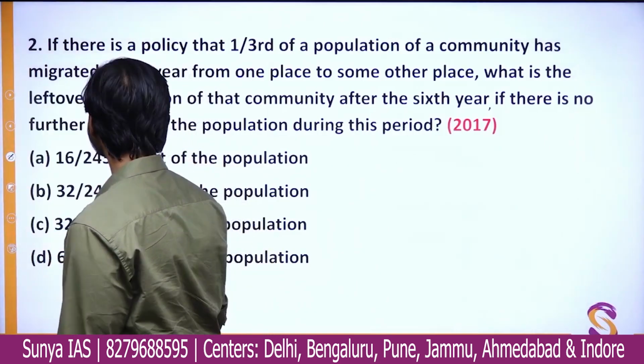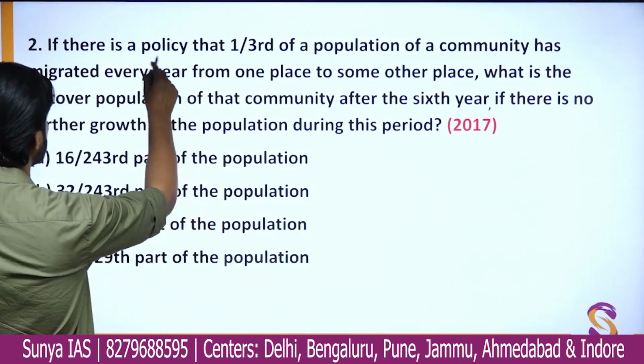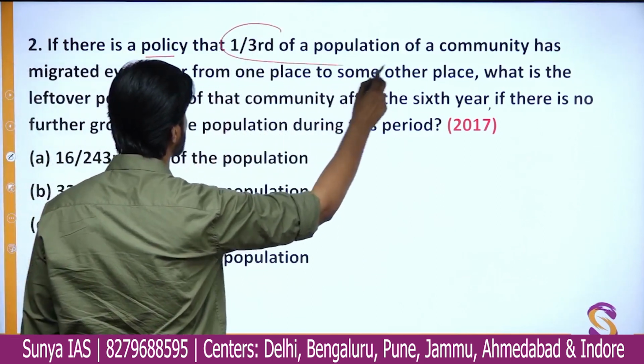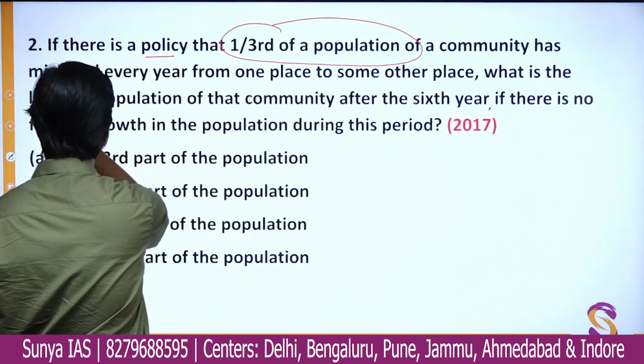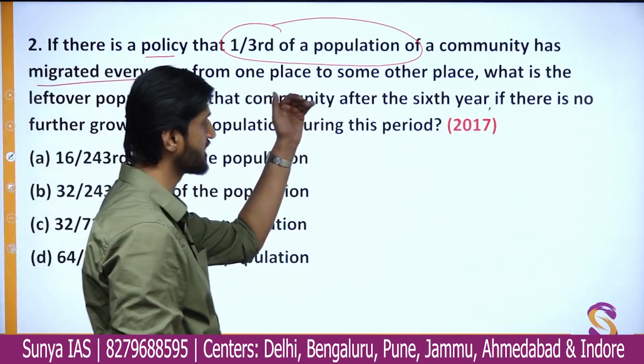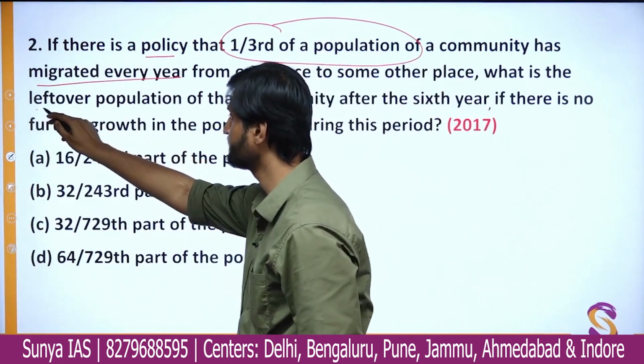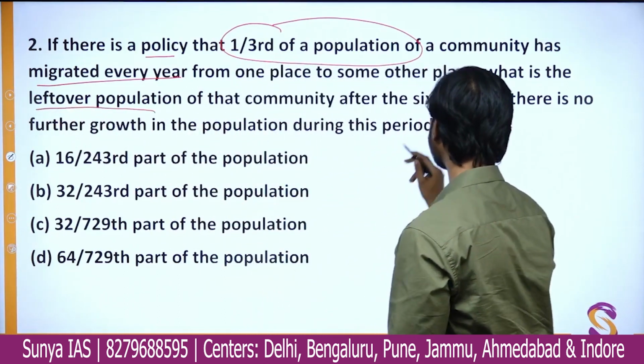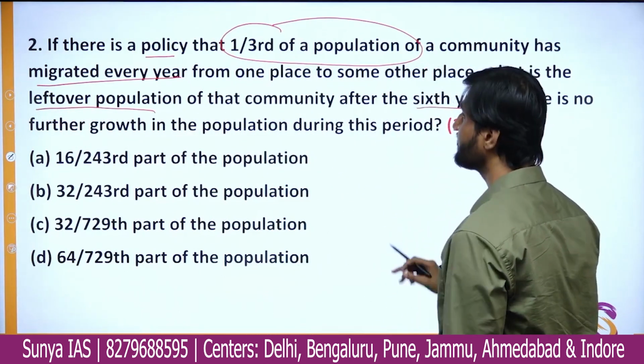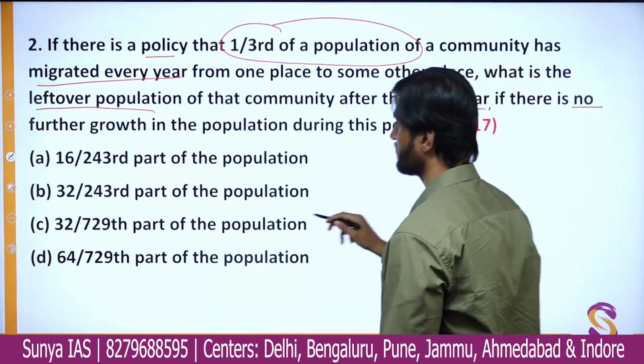It says that if there is a policy that 1/3 of the population of a community migrates every year from one place to another, then what is the leftover population of that community after the 6th year if there is no further growth of the population?